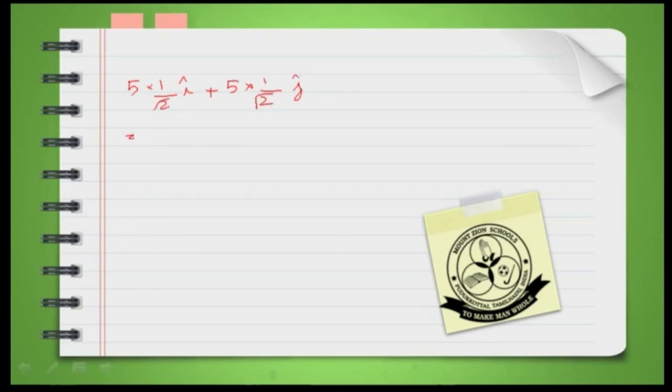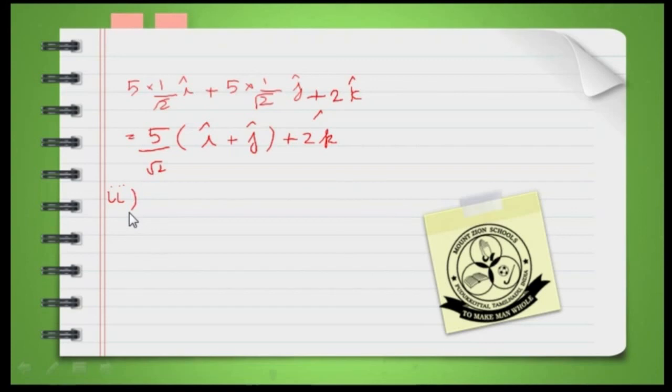Okay, taking 5 by root 2 as common, we get i cap plus j cap. Also, it is given that 2 meter up, so we write 2k along z axis. As it is along z axis, we take it as plus 2k. Okay. Now coming to the next part.